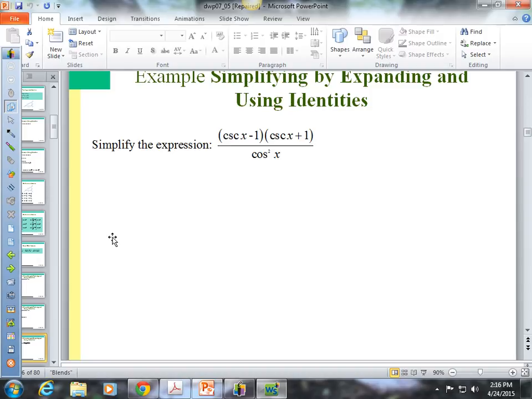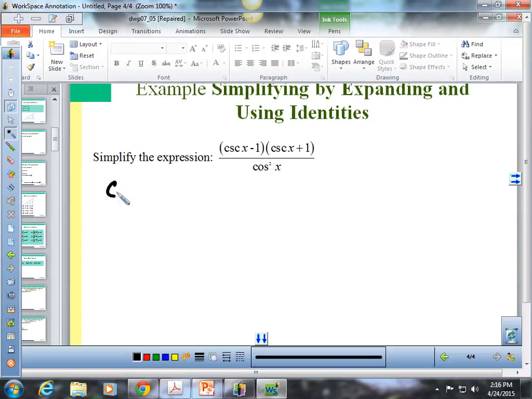Well, inside of those parentheses, I got binomial. So I got a binomial times a binomial. I have to FOIL this out. Okay, so what's cosecant x times cosecant x? Cosecant squared x. Now I'm potentially going to have a what? As soon as I've got a squared term, I'm potentially going to have a Pythagorean identity. So I'm going to FOIL this out. We're going to get a cosecant squared x.